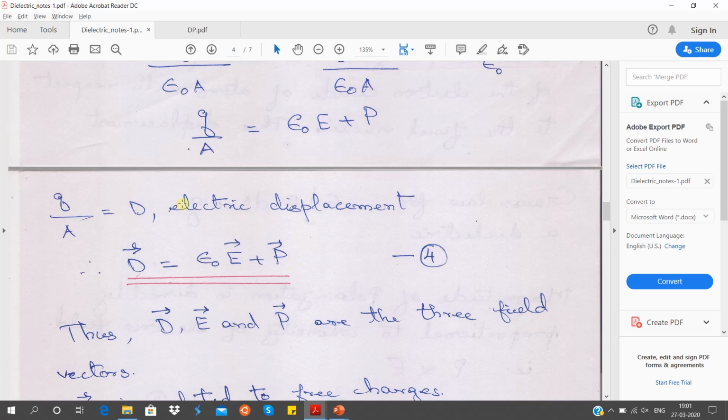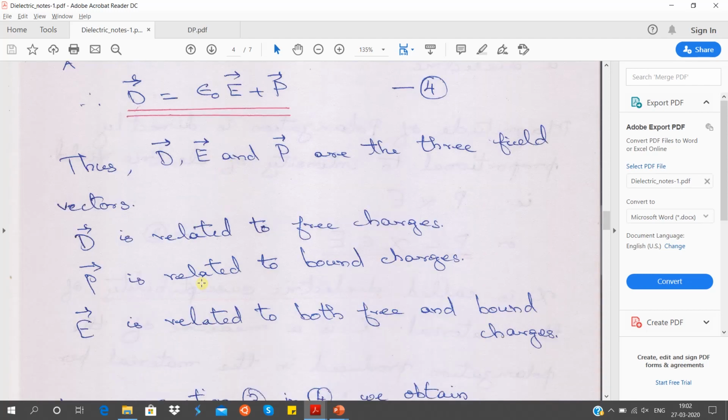Now one point to be noted: D acts only on the free charges, P acts only on the bound charges, and electric field E acts on both free charges and bound charges. So this is known as the three-field vector relation. All these are vector quantities. So the electric displacement vector D is equal to epsilon naught into vector E plus vector P. Very important relation.